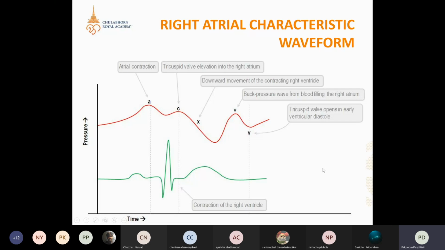That means some blood from the systemic or pulmonary system goes back to the heart, to the atrium. So that's why the atrium has increased pressure over here.